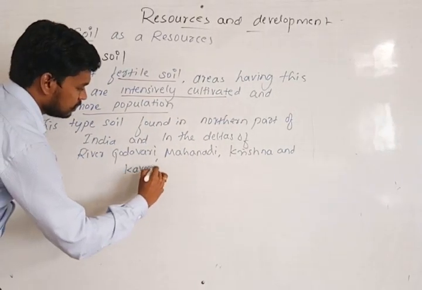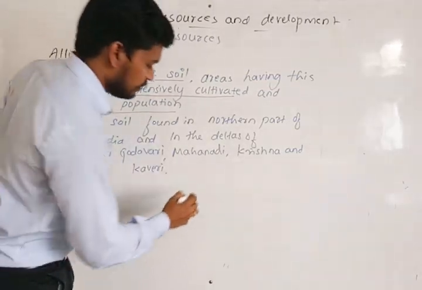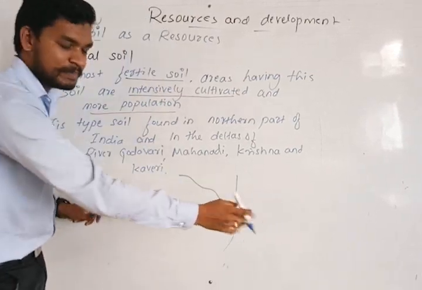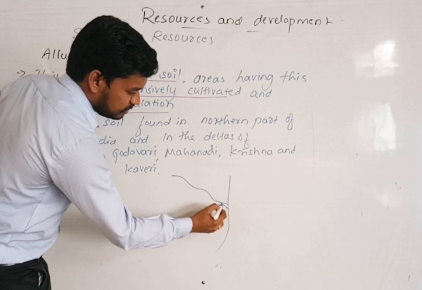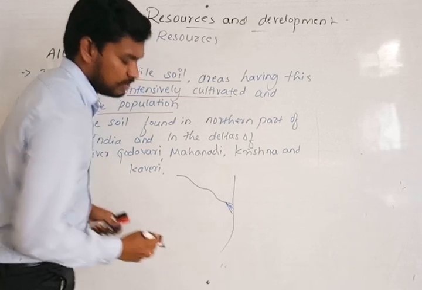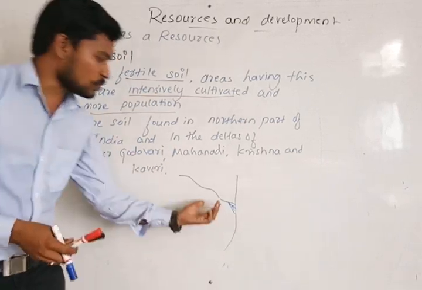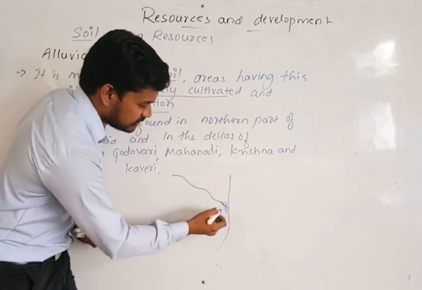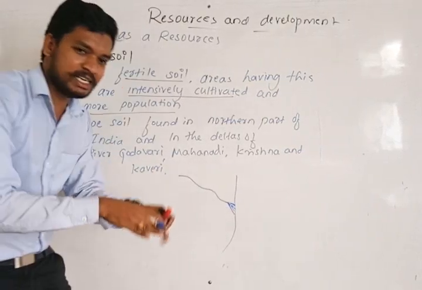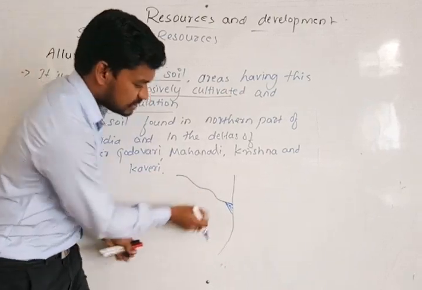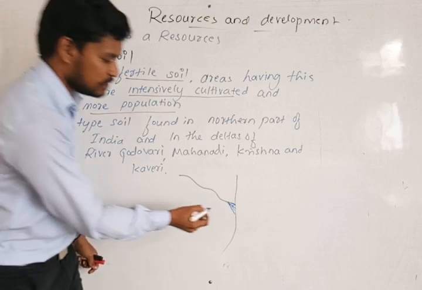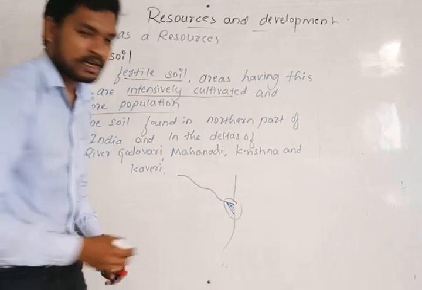You know the meaning of a delta. We call it a river mouth. Suppose here is a landmass and here we have a water body. Before discharging its water into the ocean or sea, the river creates a physical feature like this, where the main stream gets spread into branches. So it is called a delta.